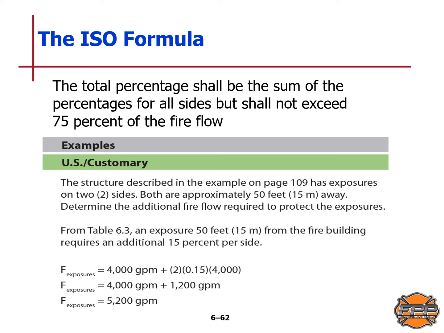So if you take 4,000 gallons per minute plus the additional 1,200 gallons per minute for the 2 exposures, that gives you 5,200 gallons per minute. Pretty simple.